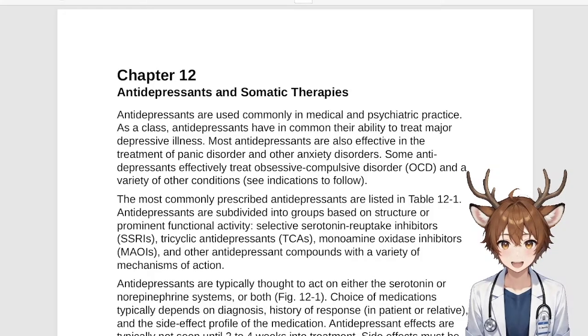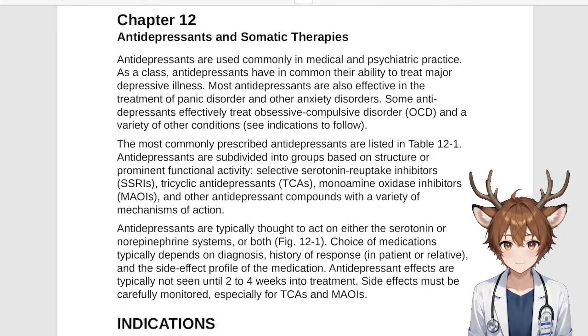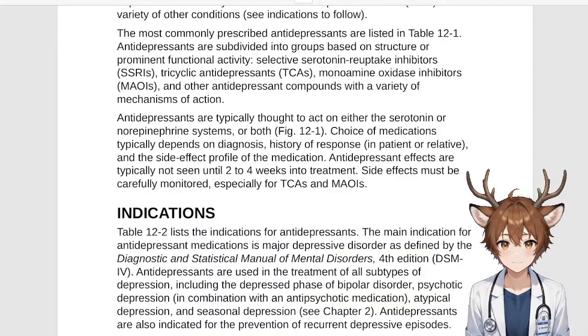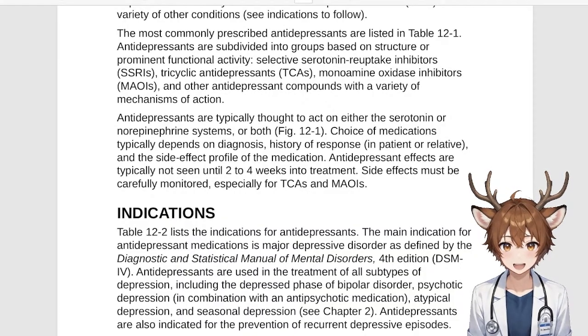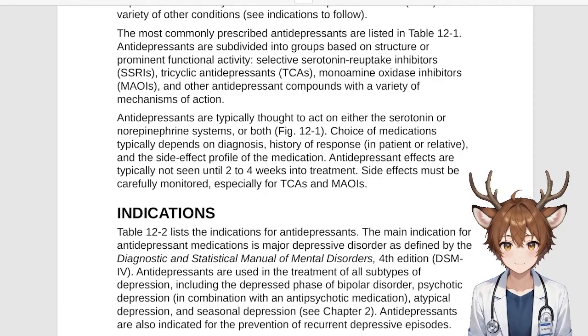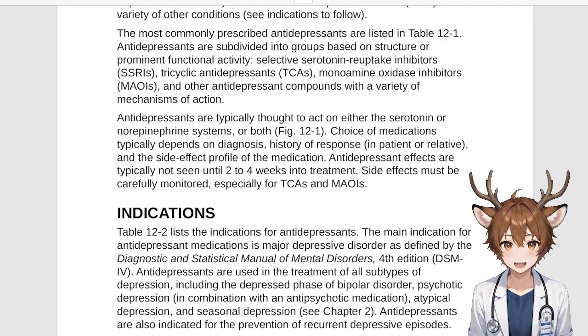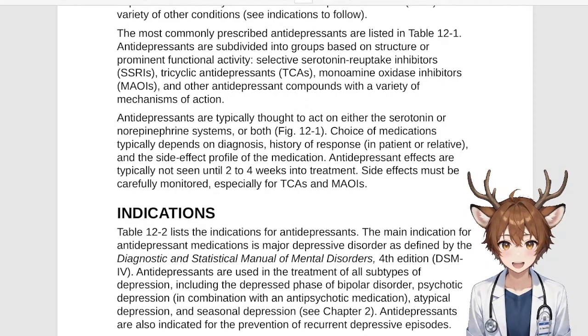Antidepressants are typically thought to act on either the serotonin or the norepinephrine systems, or both. Figure 12.1. Choice of medications typically depends on diagnosis, history of response in patient or relative, and the side effect profile of the medication. Antidepressant effects are typically not seen until 2 to 4 weeks into treatment. Side effects must be carefully monitored, especially for TCAs and MAO inhibitors.